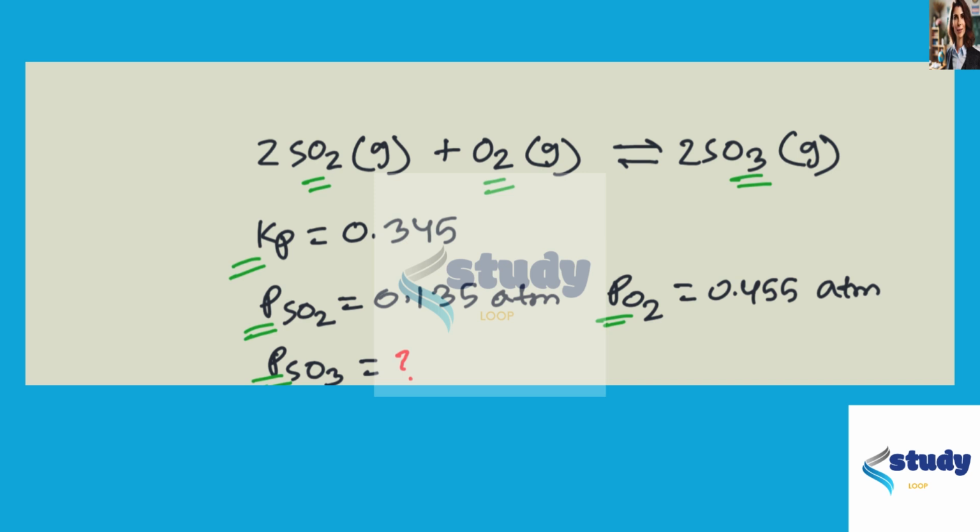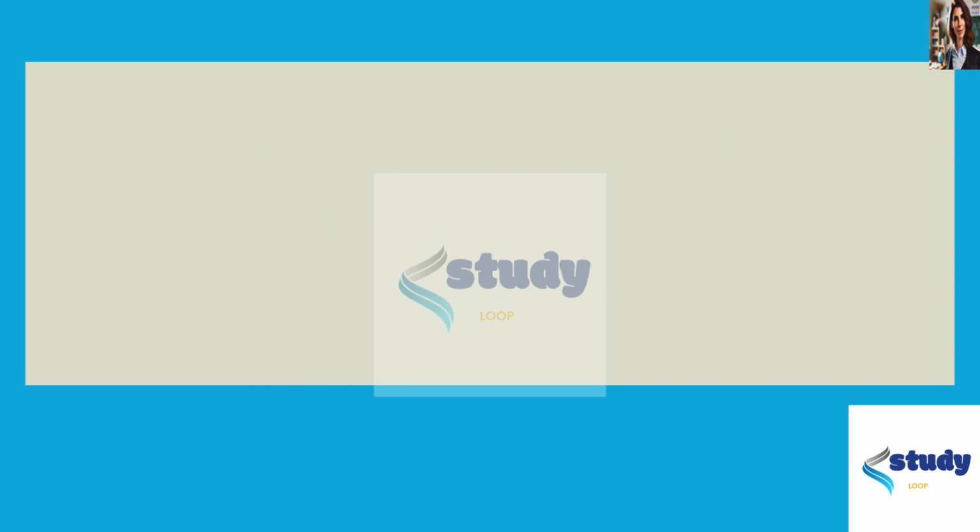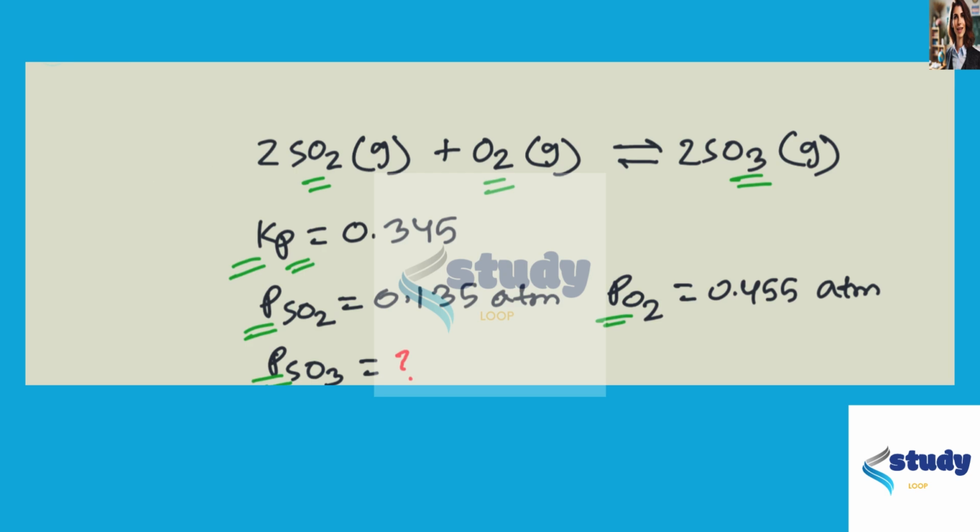As we know, there is a very simple relation between the equilibrium partial pressure and the Kp value, which is the equilibrium constant in terms of pressure. For this reaction, the relationship is: Kp is basically the product partial pressures over the reactant partial pressures, with each raised to the power of its reaction coefficient.